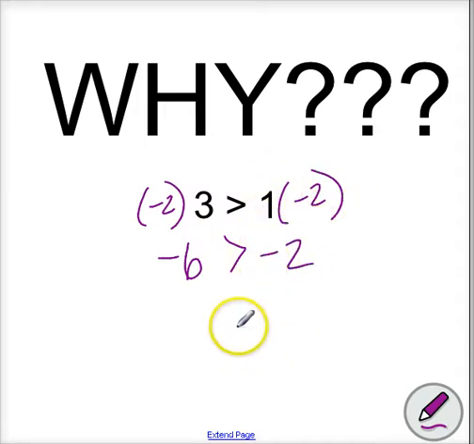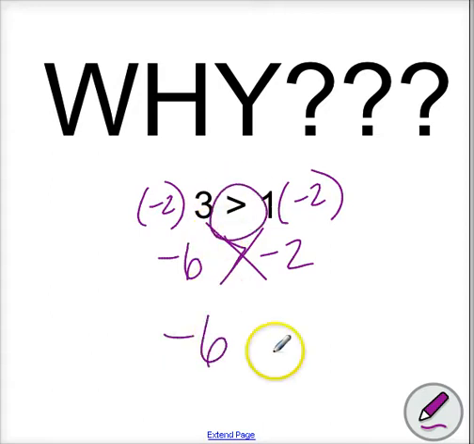Okay, look at that inequality. -6 is not bigger than -2. This doesn't work. As you multiply numbers, they get bigger. But when you multiply it by a negative, they are larger negative numbers, which are technically smaller. So I need to flip this sign when I'm dividing or multiplying by a negative number.